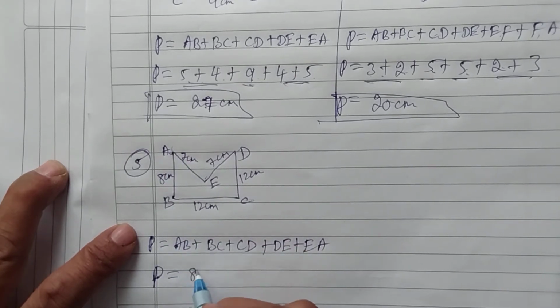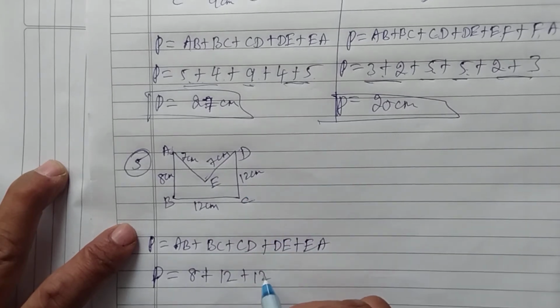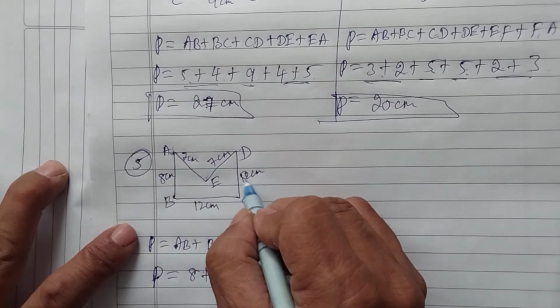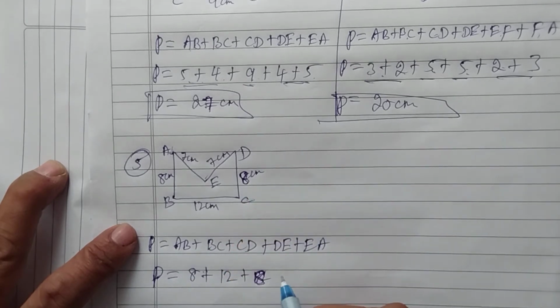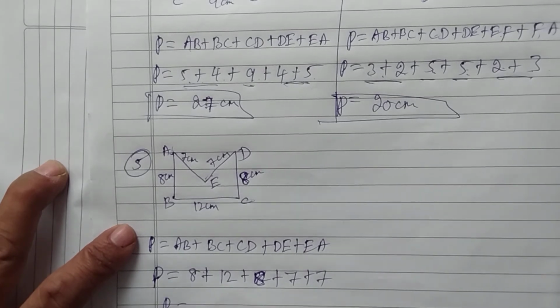AB is 8 centimeter, BC is 12 centimeter, CD is 12 centimeter. Now this is also 8 centimeter we have to take. Okay, 8 centimeter plus 7 centimeter plus 7 centimeter.